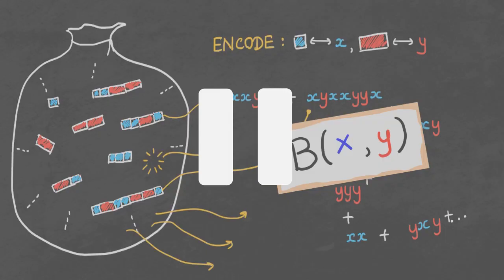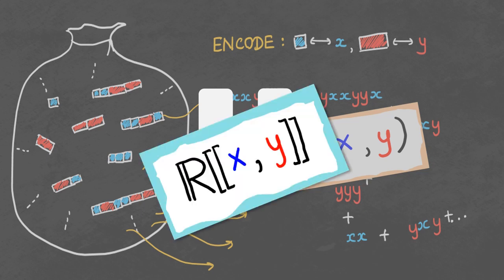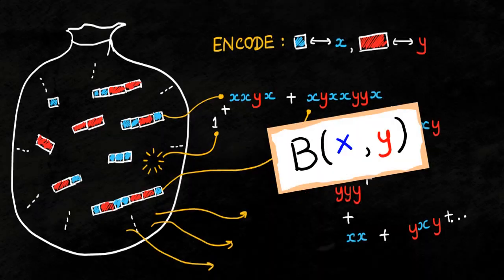Okay, for those of you formal folks out there who like things to be more rigorous, these multiplications and additions are just formal operations, meaning that we're only interested in their usual properties. To be specific, we're working in the ring of power series generated by x and y. If you don't know what that means, don't worry. Just think of them as ordinary addition and multiplication, and this will work for understanding the main idea.